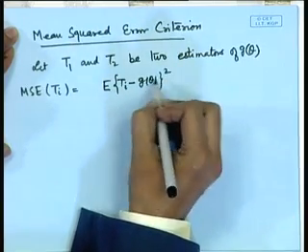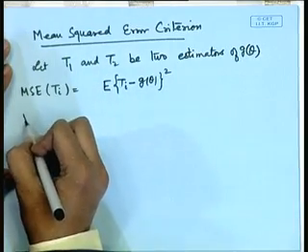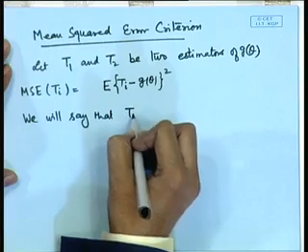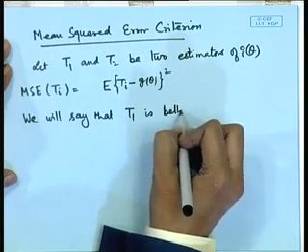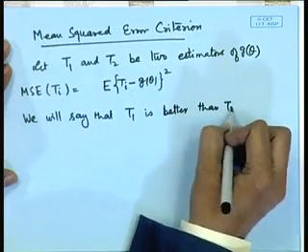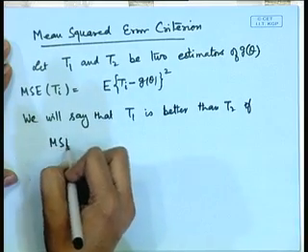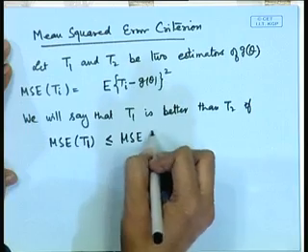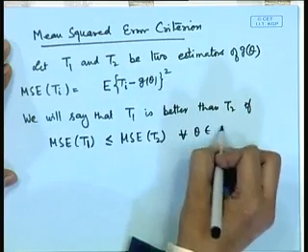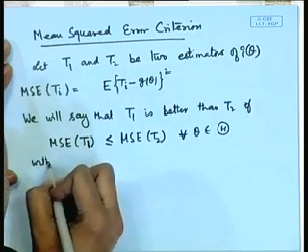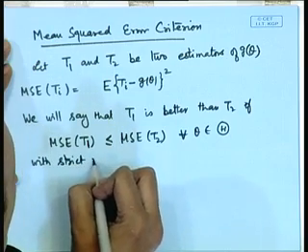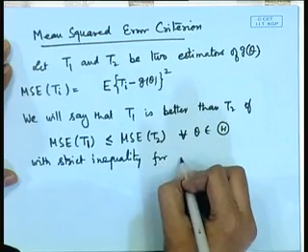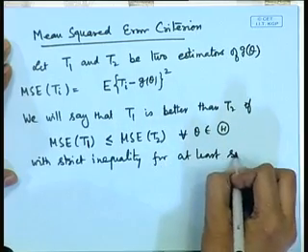So, this is giving a measure of variability of the estimator, and we will say that T1 is better than T2 if the mean squared error of T1 is less than or equal to the mean squared error of T2 for all parameters, with strict inequality for at least some theta.